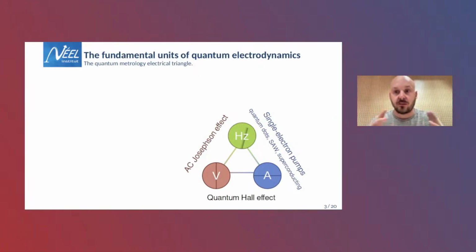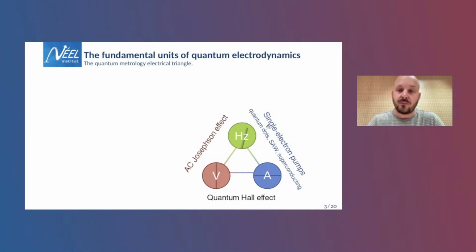All right, so let me start with a short introduction. The idea of this project is a bit broader than the dual of Shapiro steps, even though this is in itself a very interesting topic, of course. The idea is to somehow deal with the quantum metrology electrical triangle. For those of you who are not familiar with this, let me give you a few hints.